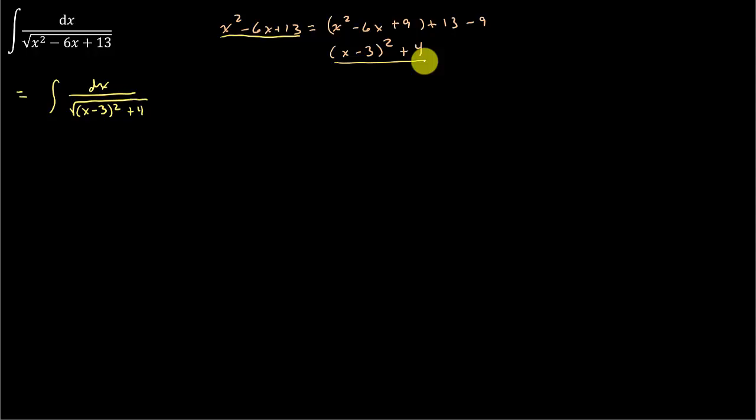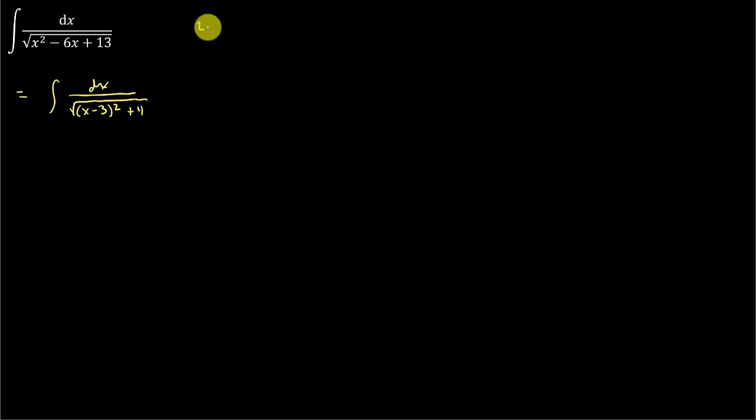Now, to make it look like one of the forms we need, I'm going to say let u equal x minus 3, this part here in parentheses, and so du is dx.